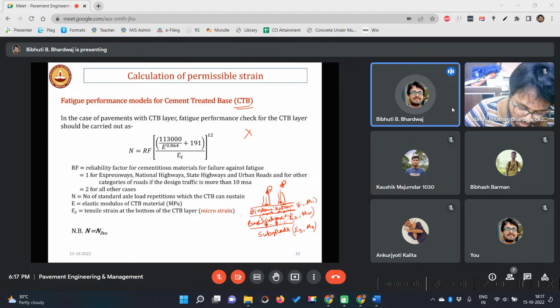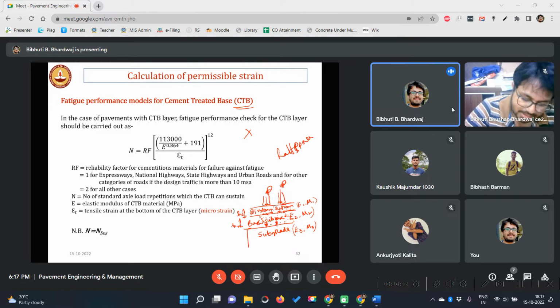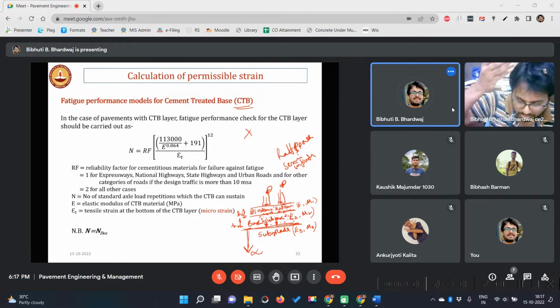Okay, and we also need to fix the thickness H1, H2, and generally this subgrade is 500 mm, and while doing analysis it is considered as half space. Half space means it is semi-infinite. So we will consider this as infinite in this direction. It is going infinitely deep, okay, in one direction. So that's why it's called semi-infinite.